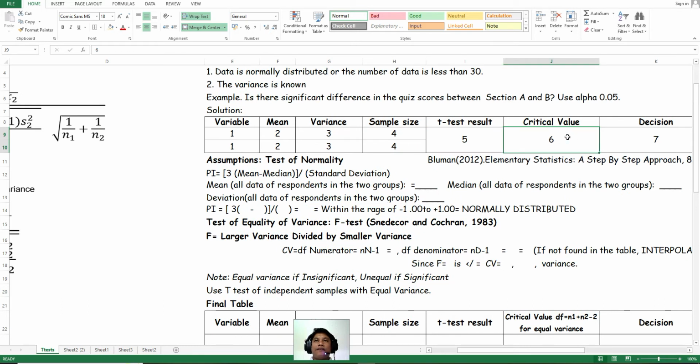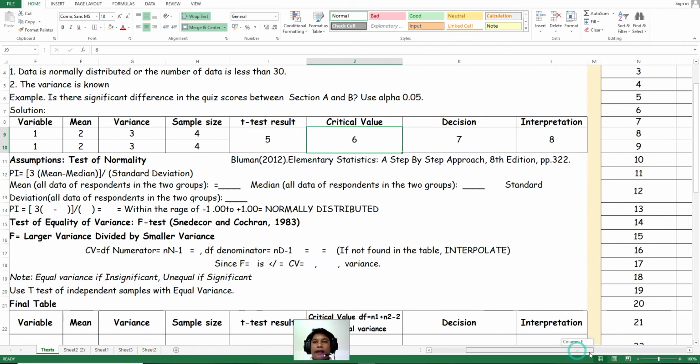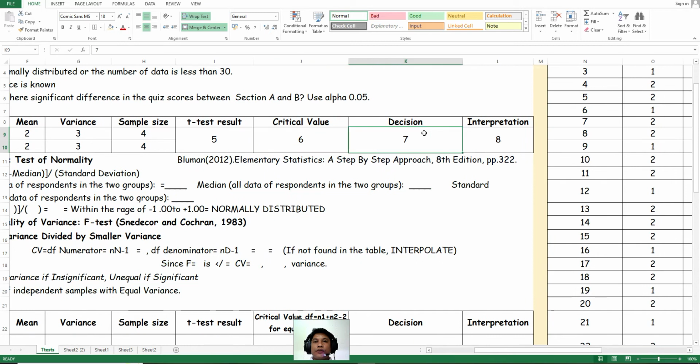The critical value refers to the tabular value, which we can find in a table online. Then the decision is whether to accept or reject the null hypothesis. Let us remember that if it's insignificant, we accept the null, and if it's significant, we reject the null hypothesis. So the interpretation would be that the groups are equal or one is greater than the other.